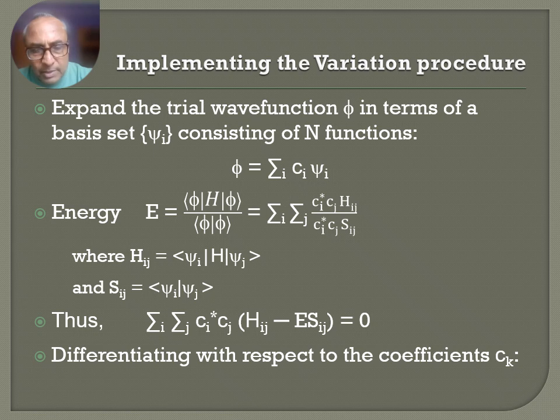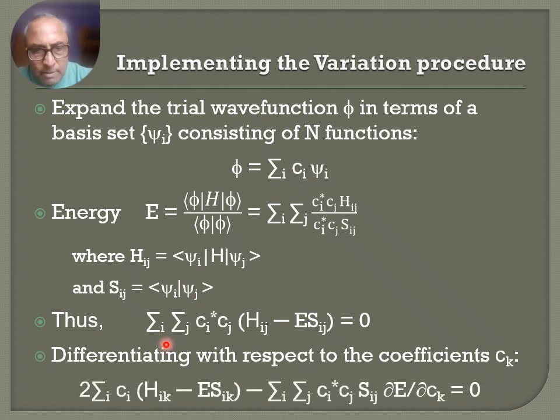Differentiating this with respect to the coefficients, we see that Hij and Sij, being given by these expressions, don't depend upon the coefficients. They only depend upon the chosen basis. Therefore, we get twice sigma i ci into Hik minus E Sik, minus sigma i sigma j ci star cj Sij times del E by del ck, equal to 0.